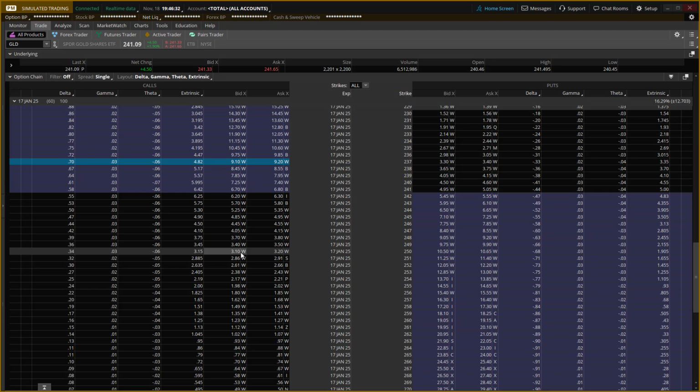I can hold that thing forever. As long as the stock doesn't go down, I don't lose anything. What I've done is turn this more into a stock trade, because there's no theta decay here initially. And as time passes, this theta will overcome this theta, meaning that I could get more premium decaying than I'm decaying here.